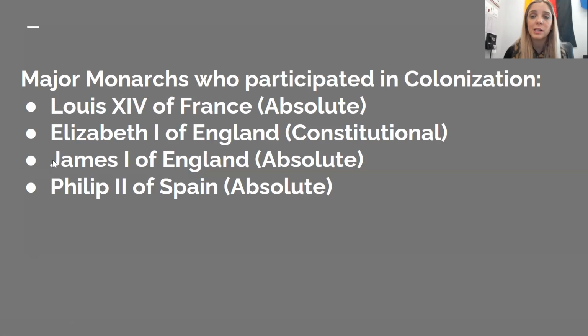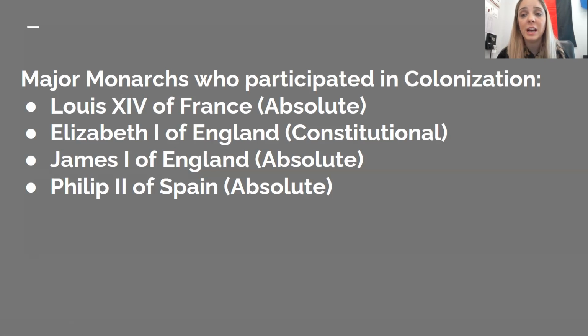So here's just a list. We'll go into detail of these later, but a list of some major monarchs that play a role during this time period. Louis XIV of France, he was probably the best example of an absolute monarch. We have the Virgin Queen Elizabeth I of England. She will be a constitutional monarch.